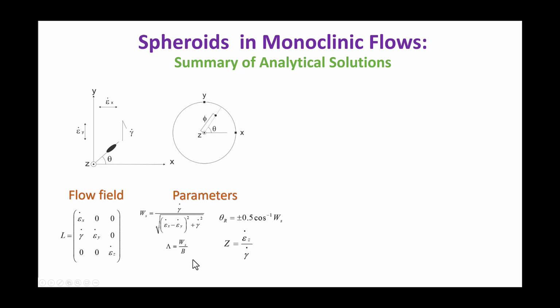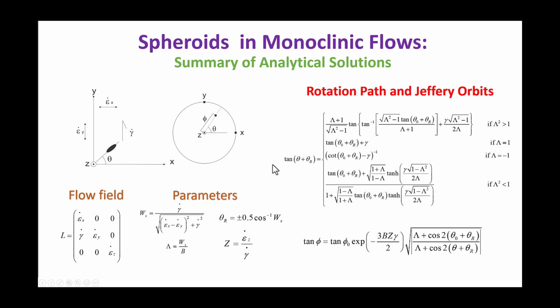A second dimensionless number is lambda, which is the ratio of the sectional kinematic vorticity number divided by the shape factor. The third dimensionless number is z, that is the ratio of strain rate along the vorticity axis divided by the shear strain rate. So this problem has an analytic solution, and the analytic solution is expressed by these composite equations.